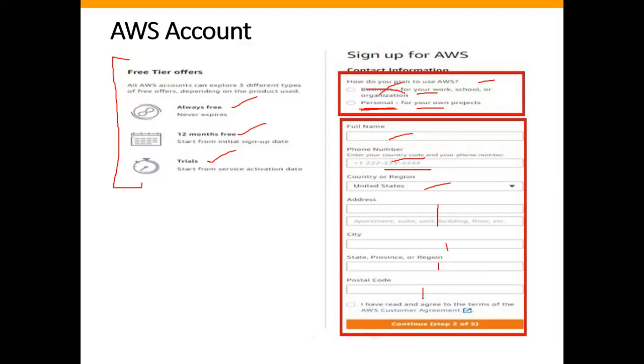Postal code means PIN code you need to enter. Once you enter the PIN code, you can check this checkbox to accept their terms and conditions. If you want to read them, you can read that also.